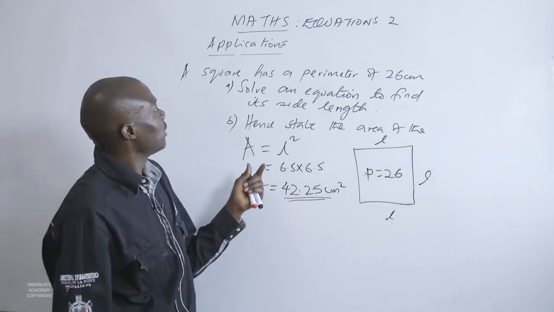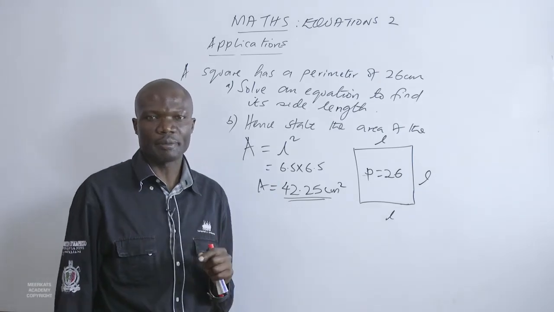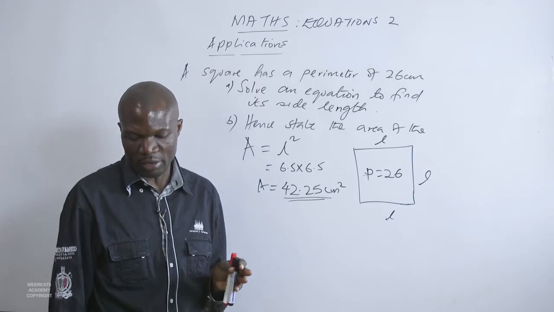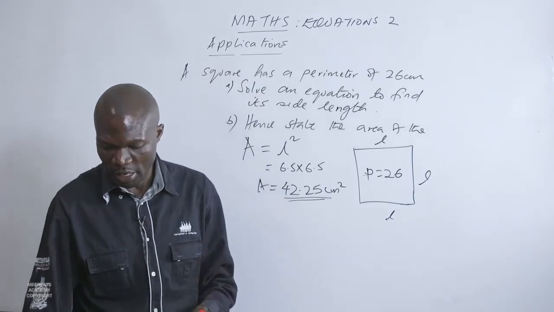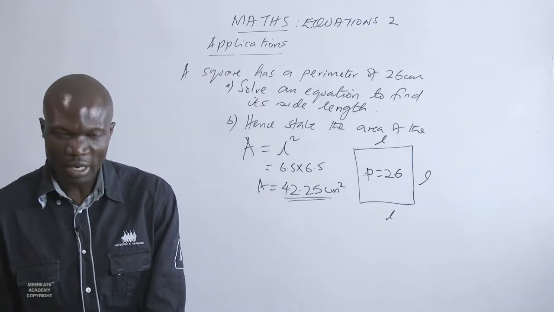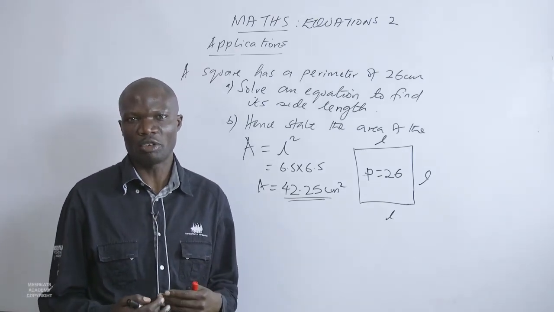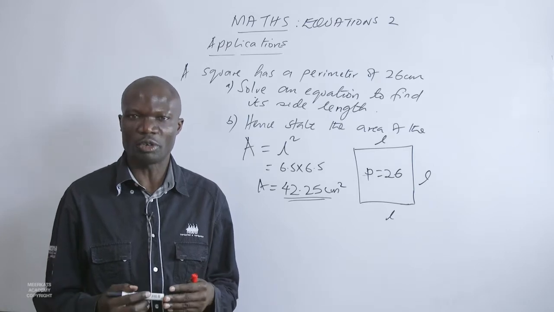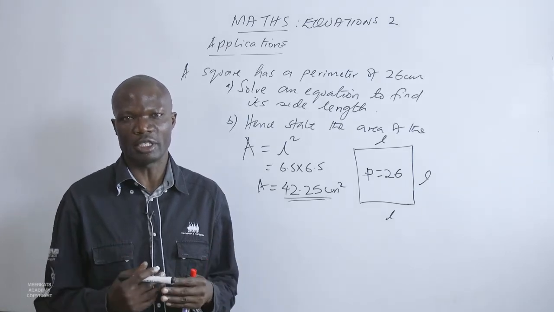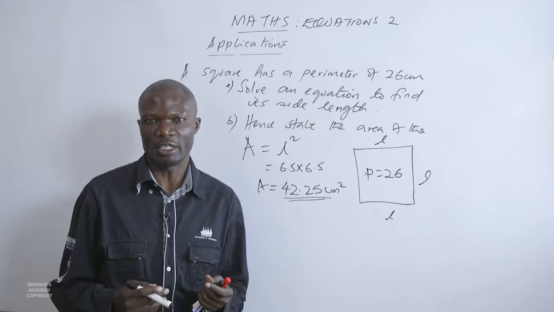Now, that is it about the application of equations. Now, I want us to look at another way of representing equations, but this time round, I want us to look at what we call inequalities.